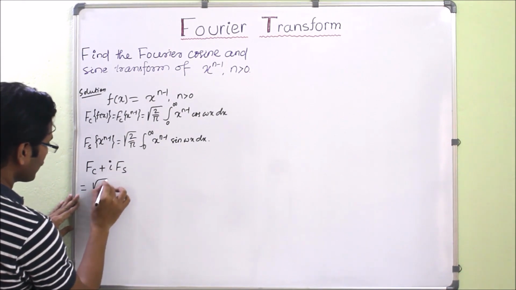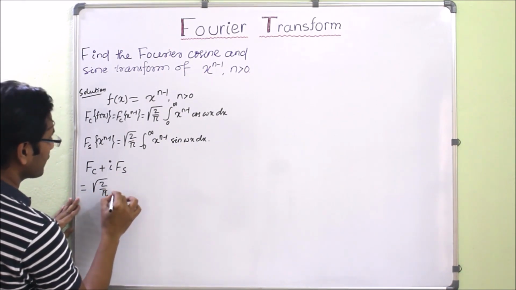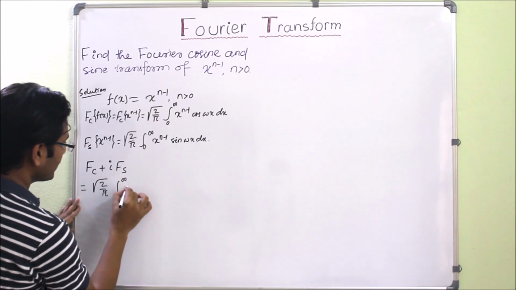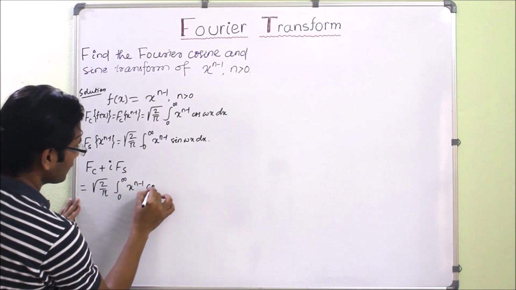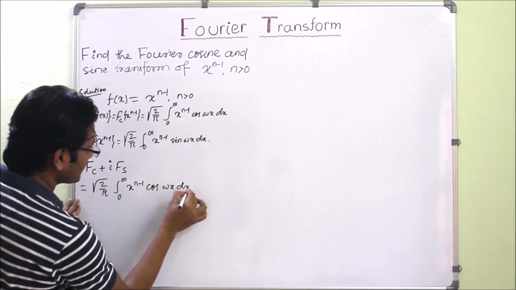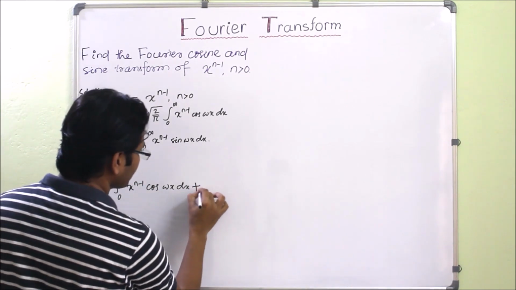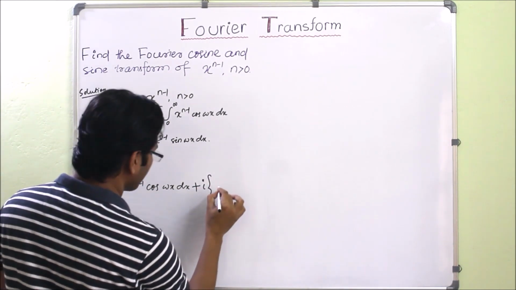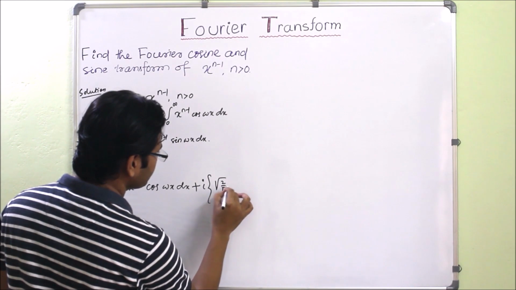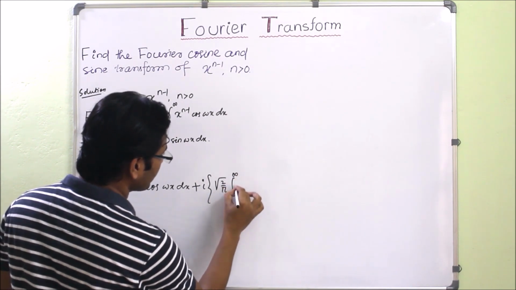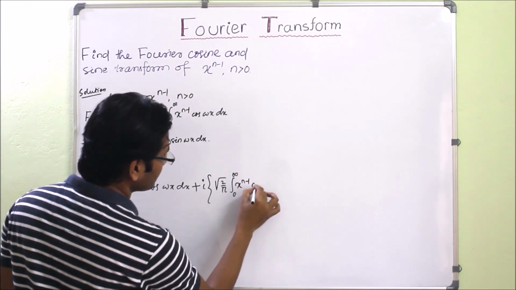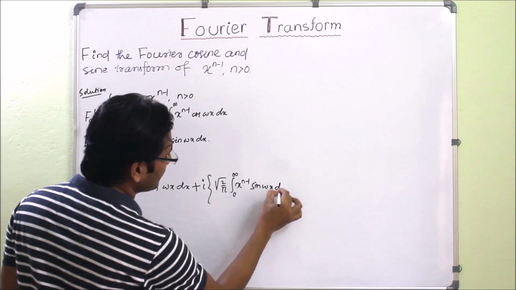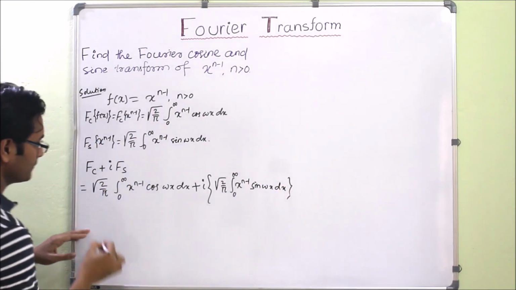Fc will be square root of 2 by pi, integration from 0 to infinity, x to the power n minus 1 cos wx dx, plus i into square root of 2 by pi, integration from 0 to infinity, x to the power n minus 1 sine wx dx. So this is the form.